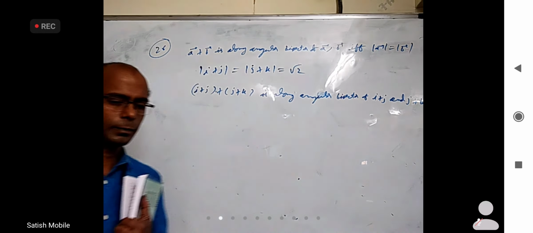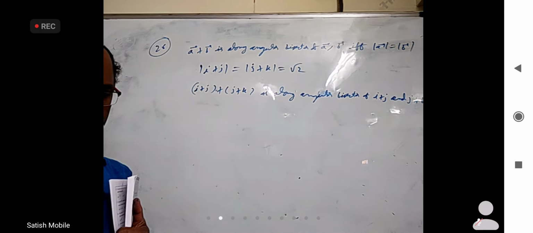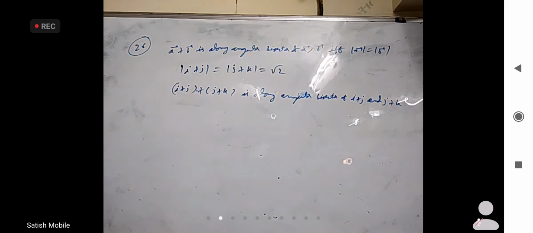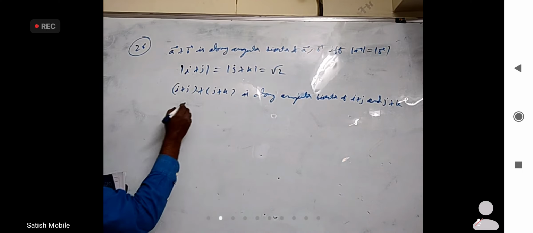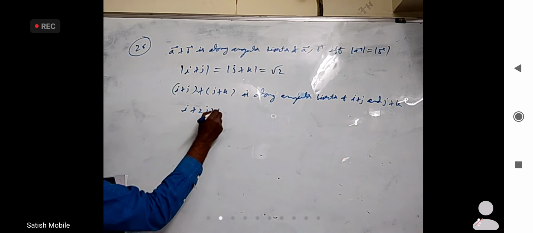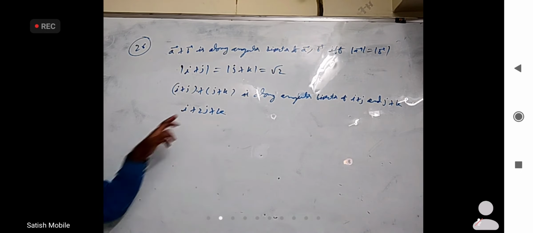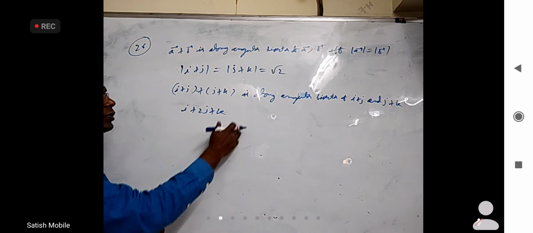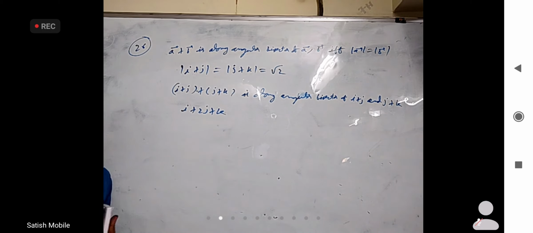All right. So this is i plus 2j plus k. Of course, if this is along the angular bisector, any multiple of that is also along the angular bisector. Whether you take 2 times this, 10 times this, 100 times this, all are along the angular bisector.